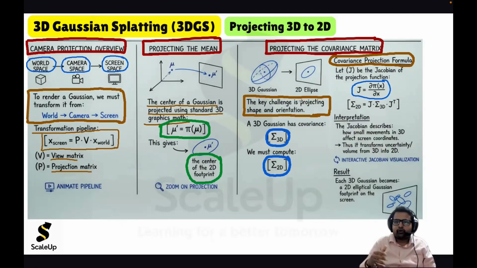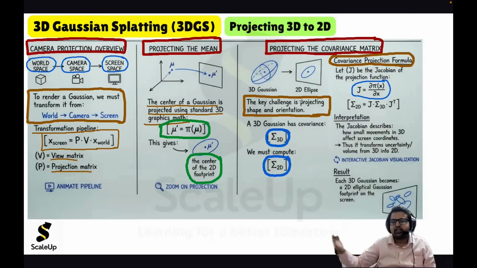That is why, for projecting shape and orientation, we have to make use of the Jacobian. The Jacobian matrix contains the derivatives, which tell us how the projection changes with a small change in the x, y, or z coordinate.